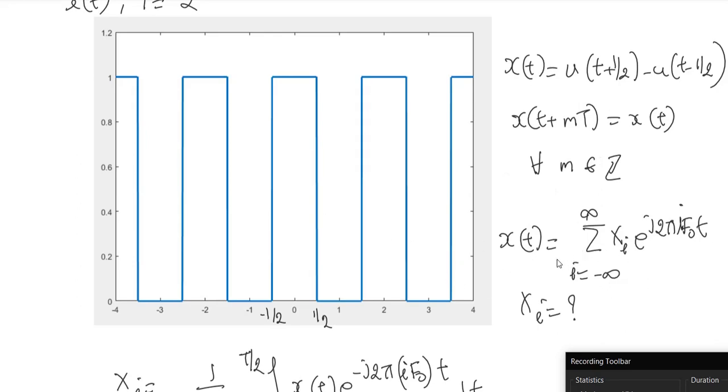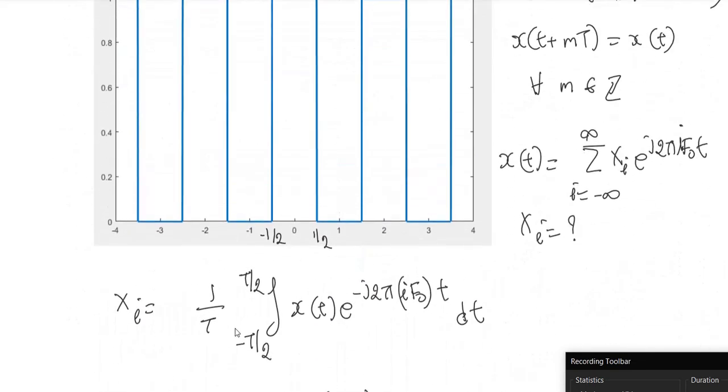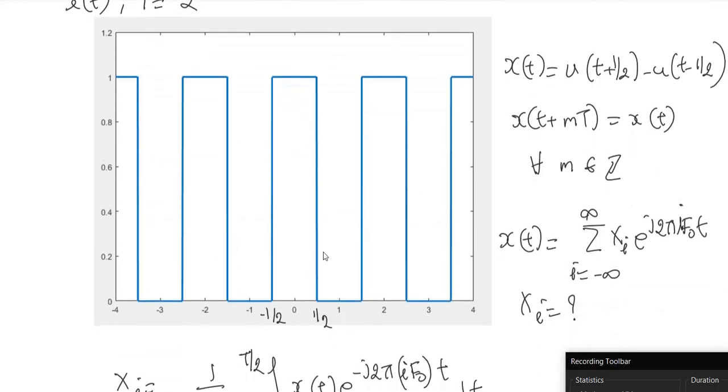You take a periodic signal and express it as a weighted combination of basis signals, which are very specifically chosen as complex exponentials. In general, if you want to compute these weights, sometimes it's easy to read them off the way x of t is given, but most of the time you have to use this formula to compute them. Okay, so that's about the Fourier series.